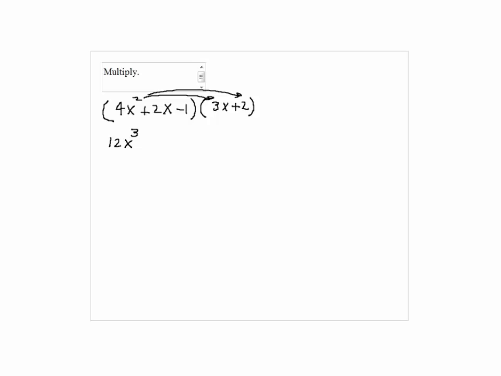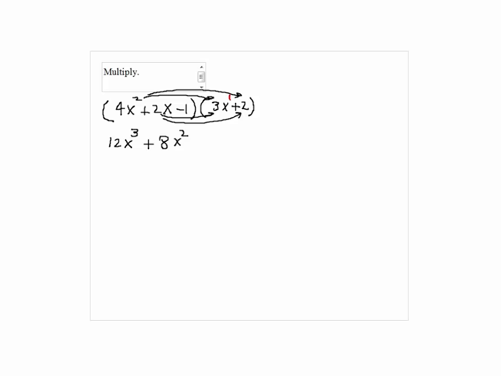Multiply 4x to the power of 2 by each term in the second binomial. We get 12x to the power of, we add the exponents, 2 plus 1 is 3.